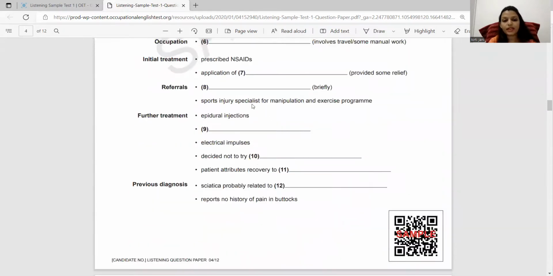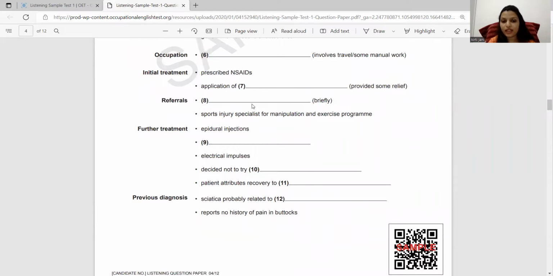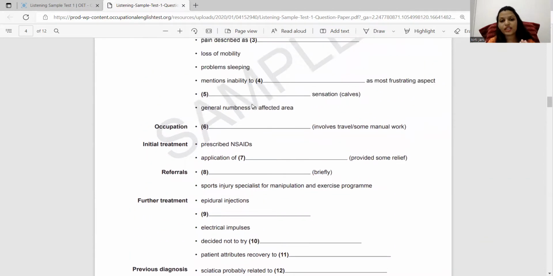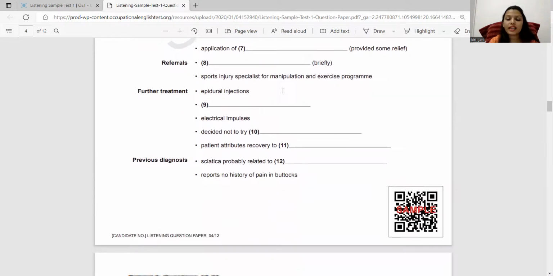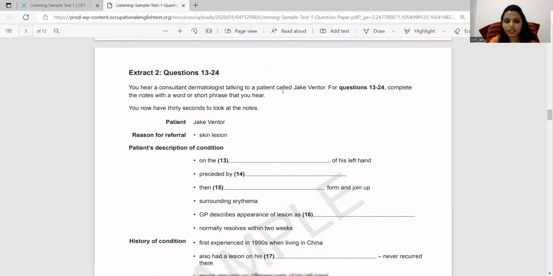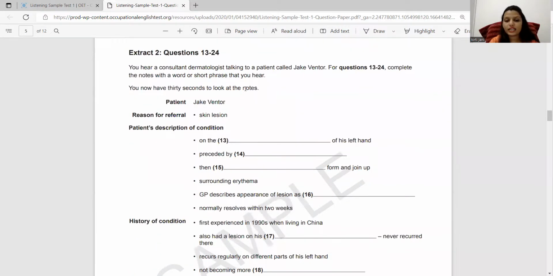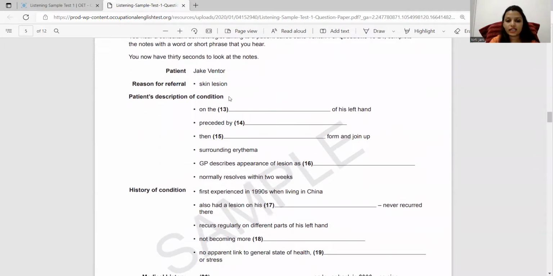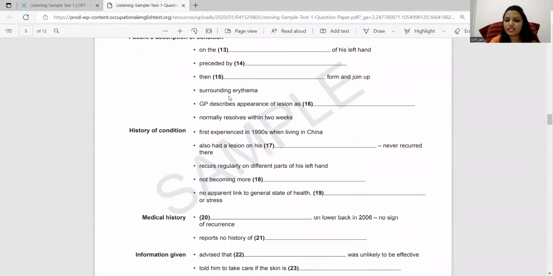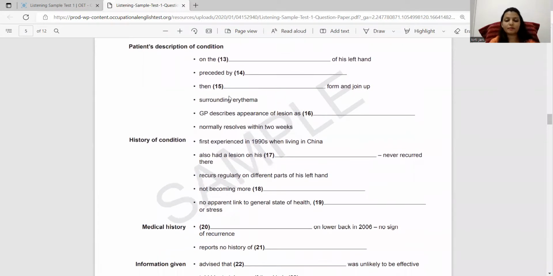Once you finish predicting the first 12 gaps, within 30 seconds, the audio will be played for this extract and you will have to write your answers simultaneously into the given blanks. Then extract 2 will start. You need to read the context statement and then within 30 seconds, you will need to prepare for the next 12 blanks. I hope it's clear.